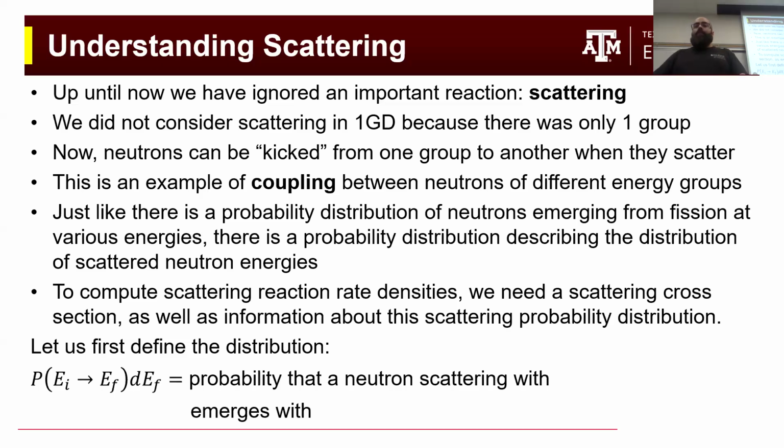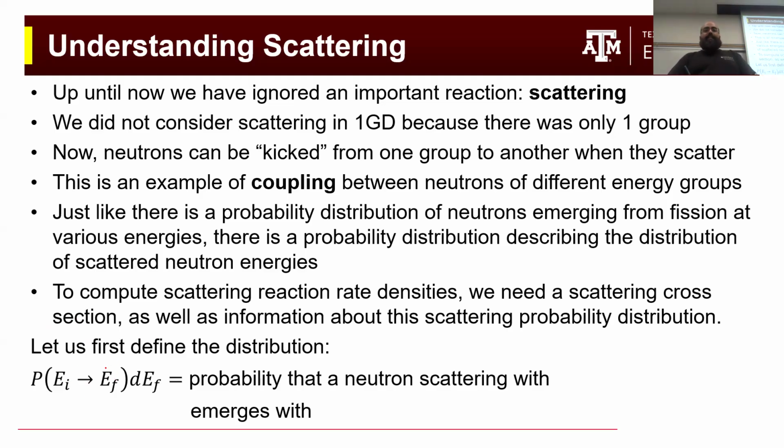And so to calculate our scattering rate densities, we need our scattering cross-section, and we also need that probability density function. So I'm going to define that probability density function as P of EI to EF.